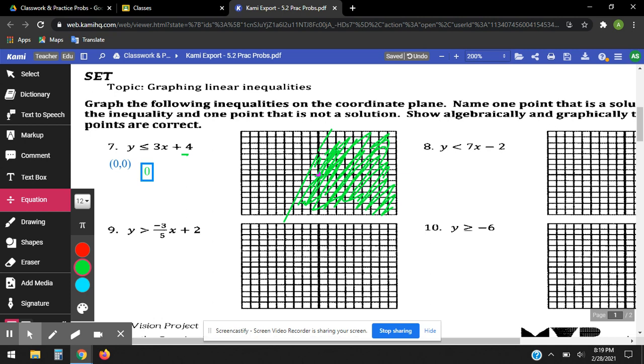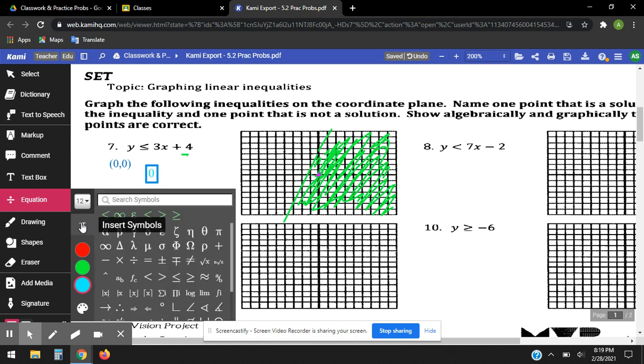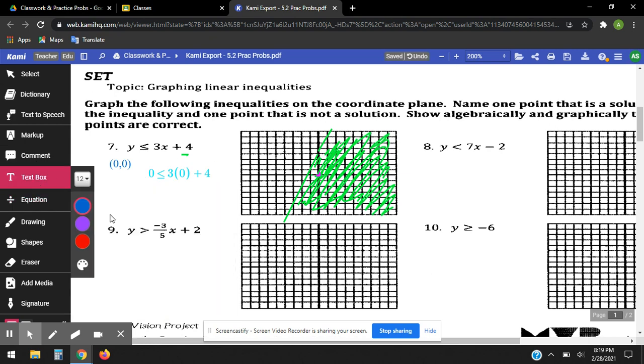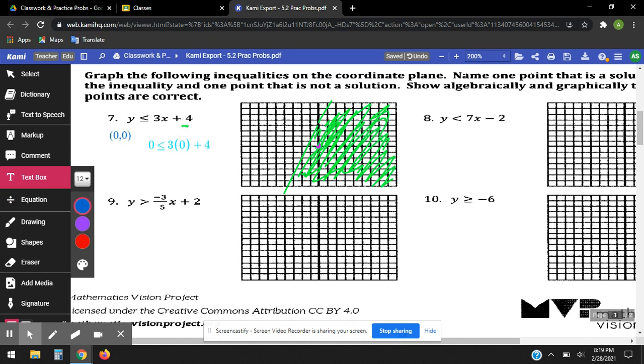So 0 is less than or equal to 3 times 0 plus 4. Well, that means 0 is less than 4, so that's true. Okay, let's go ahead and pick a point that is not in there.